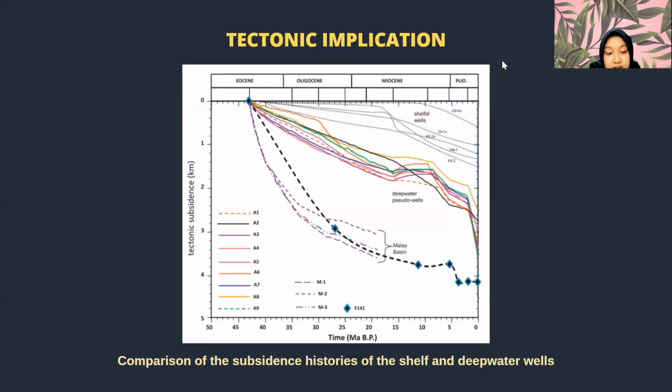Next is the tectonic implication. The tectonic subsidence seems to indicate a rift-type subsidence pattern, as opposed to a foreland subsidence as previously proposed based on a smaller data set of shelf wells.